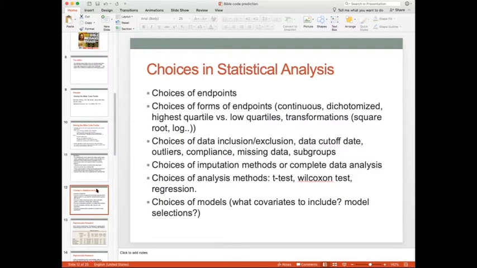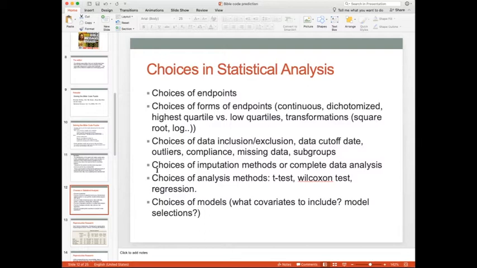And for the statistical method, there are also a lot of choices. So for example, if you have missing data, how do we handle the missing data? Do we do the imputation method, or do we just ignore the missing data and only do complete data analysis? And also the analysis methods such as t-test, Wilcoxon test, regression analysis.